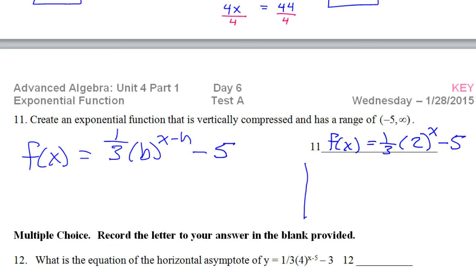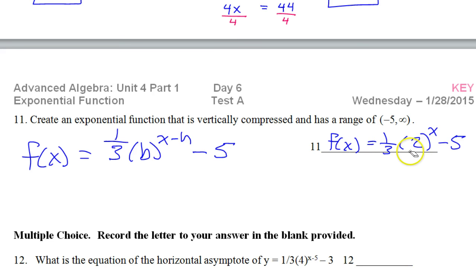This would have been a good answer to this question. You had to have a -5. This a value had to be something between 0 and 1. But this value could be anything, any number.